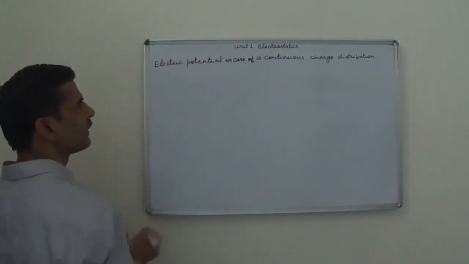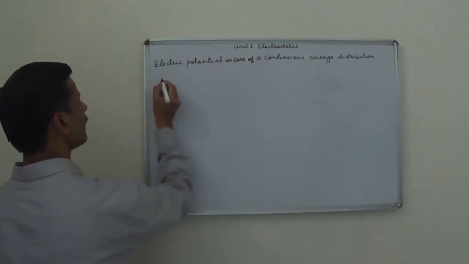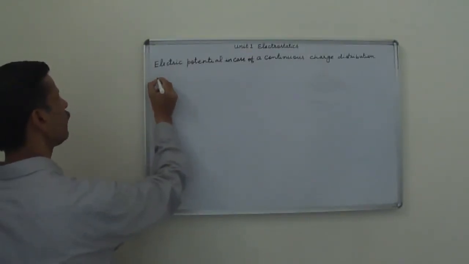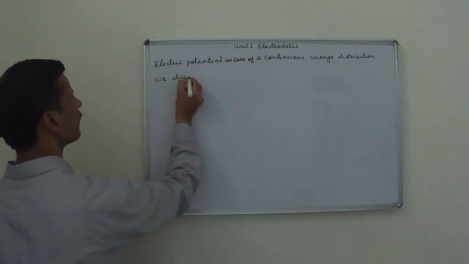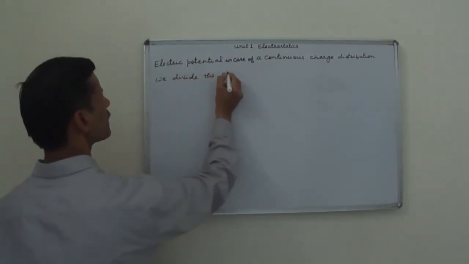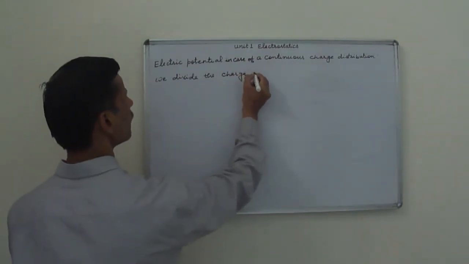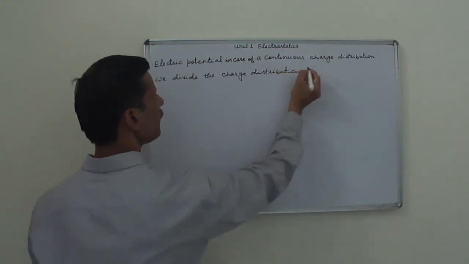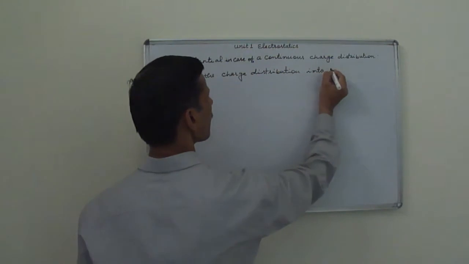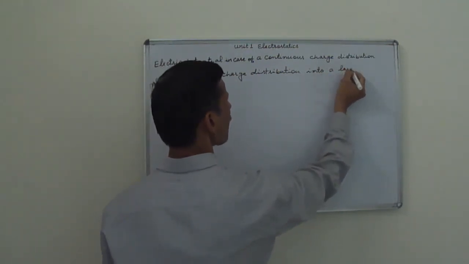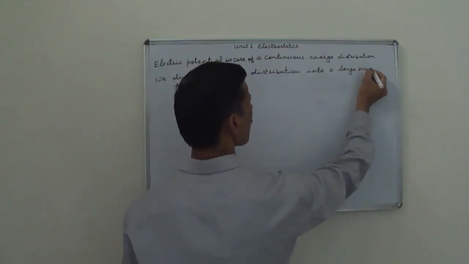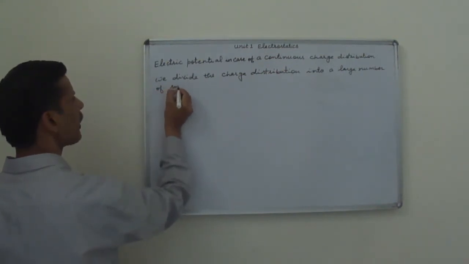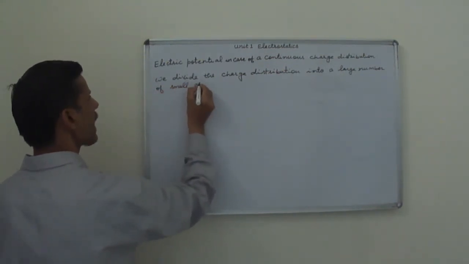So in case of continuous charge distribution, we divide the charge distribution into a large number of small charge elements.